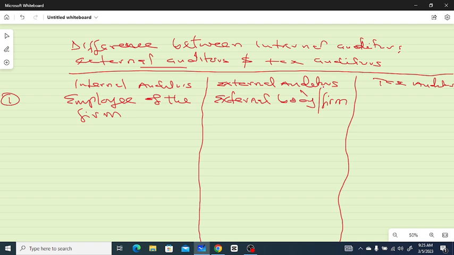And the tax auditor is an employee of the federal government or Federal Inland Revenue, or it could also be an employee of the State Board of Internal Revenue, so an employee of the federal or state government.